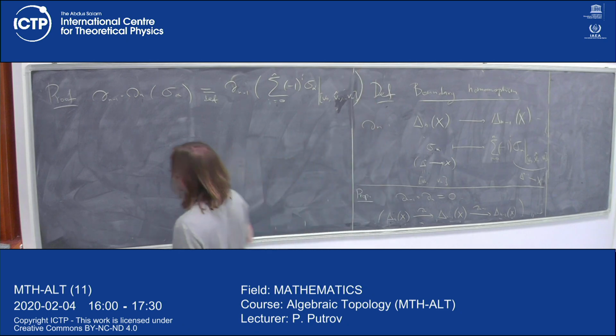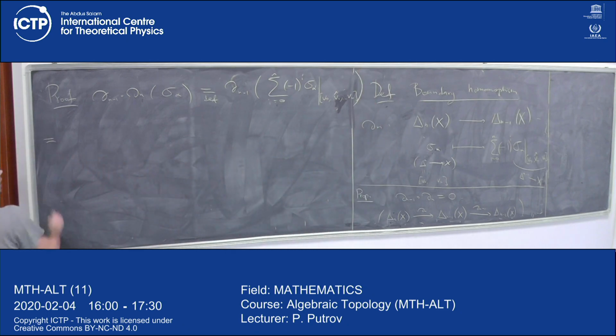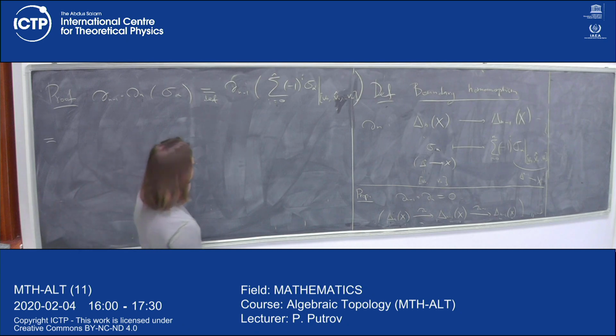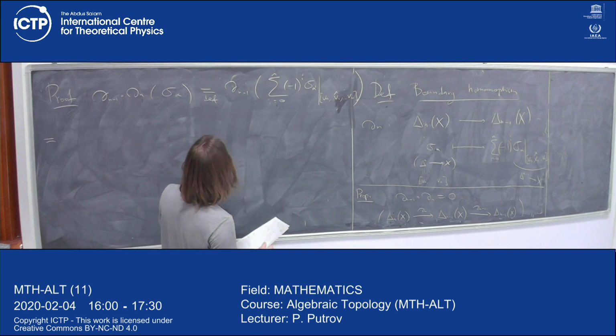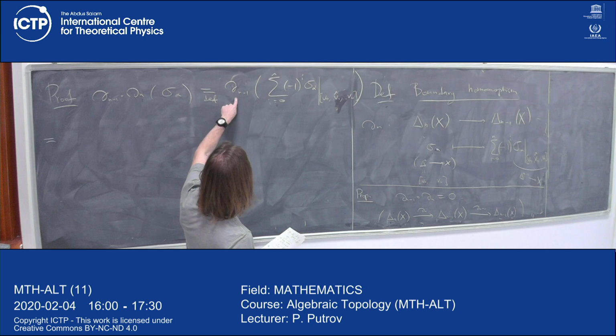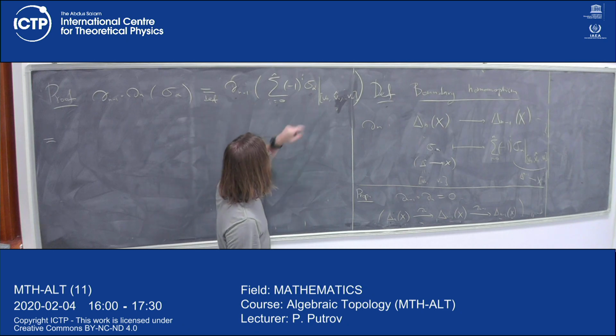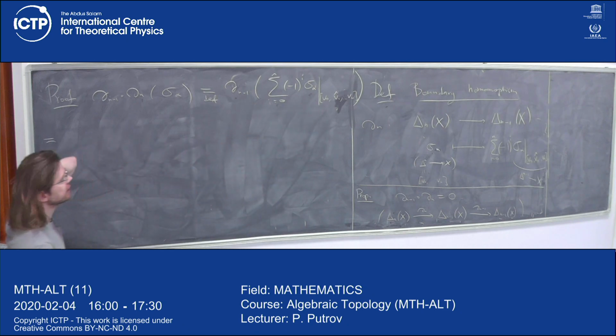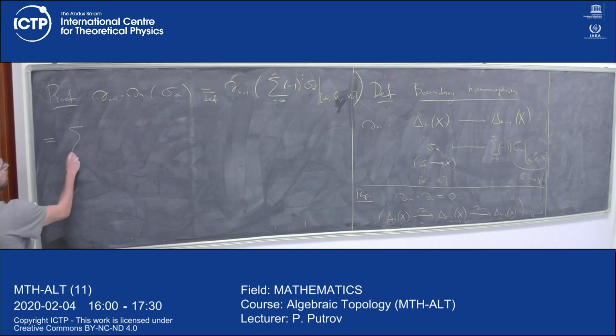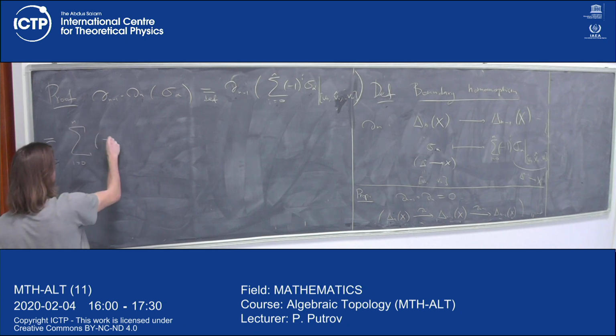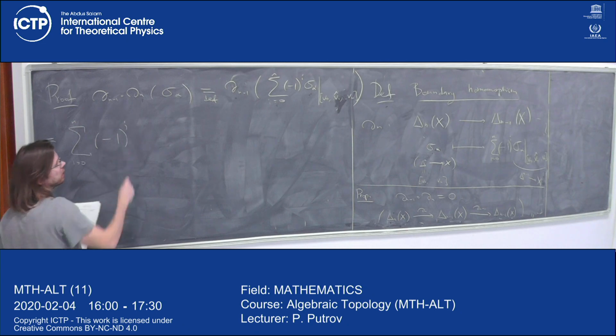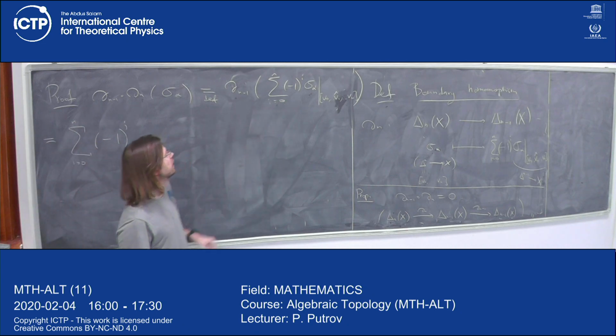And now let me apply this homomorphism on the terms here. A homomorphism of abelian groups means that it's a linear map, so I can interchange the sum and the action.